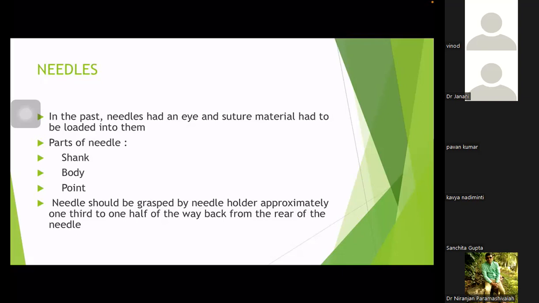What is that called? Polyamide ethylene. Not polyamide, the ethylene. Sir, PDS, polydioxanone, is a monofilament, so the chances of infection will be less. So we can use it in cases of suspected infection, sir.